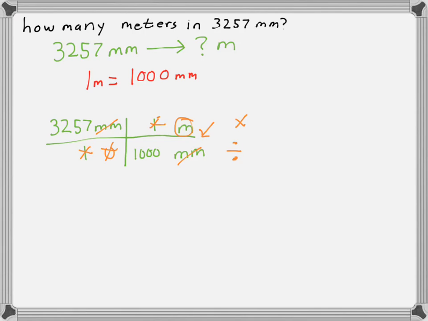So now I'm going to have 3,257 divided by 1,000 equals 3.257, and the unit we have left is meters.